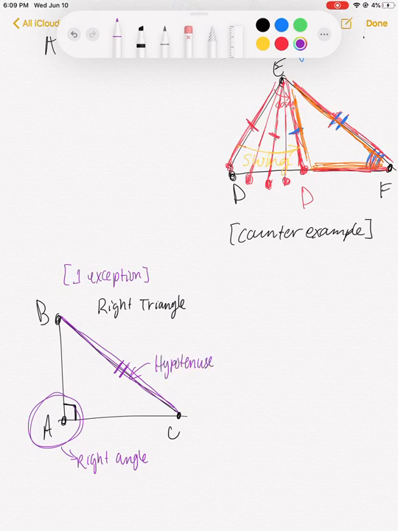The hypotenuse is the longest side of the right triangle. It's also the side opposite the right angle. Notice that it's opposite here. These other two sides are called legs.